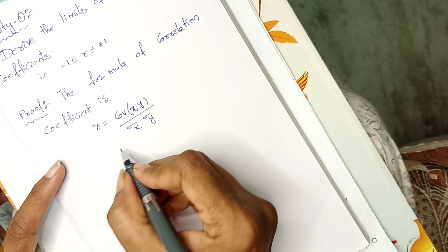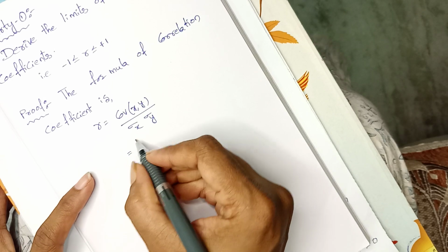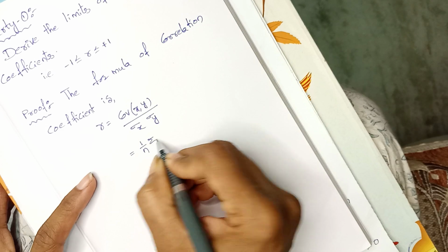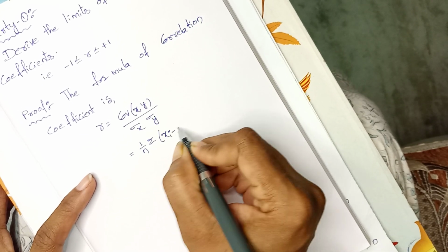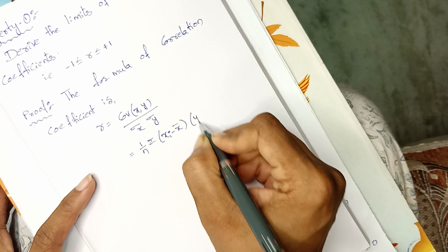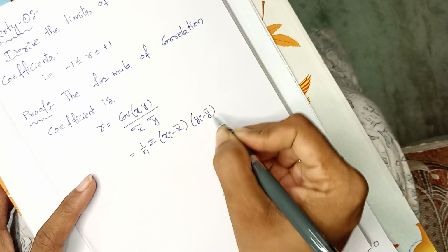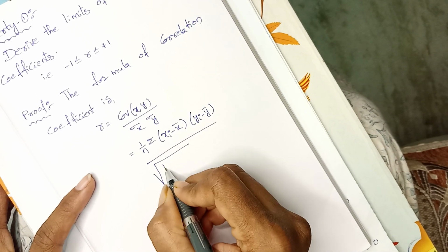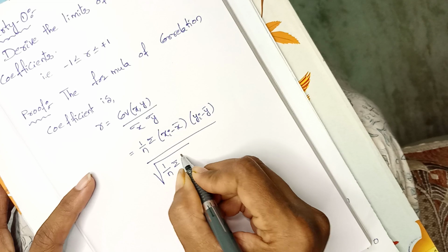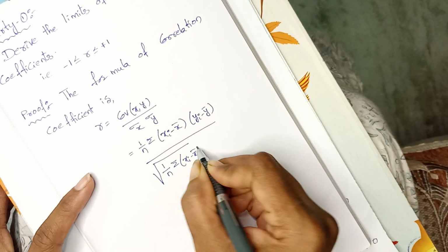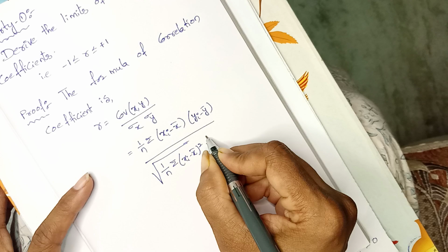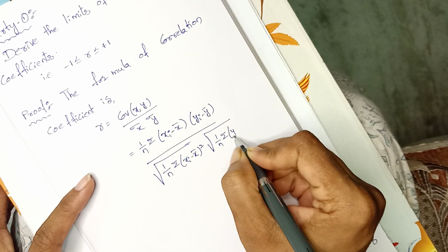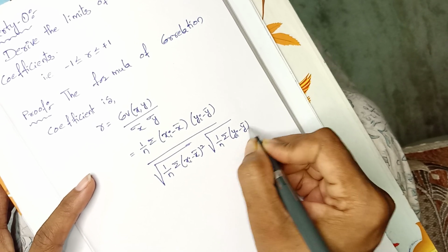So this can be written as 1 by n summation (xi minus x bar)(yi minus y bar), whole divided by square root of 1 by n summation (xi minus x bar) whole square into square root of 1 by n summation (yi minus y bar) whole square.